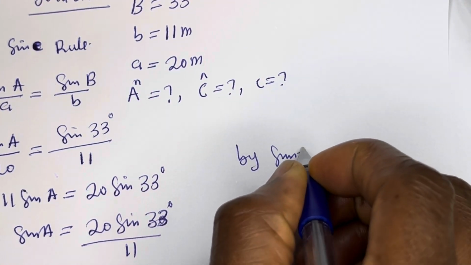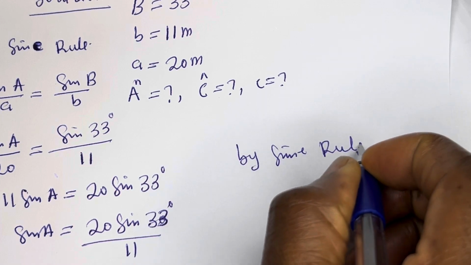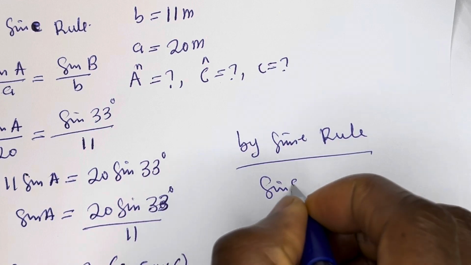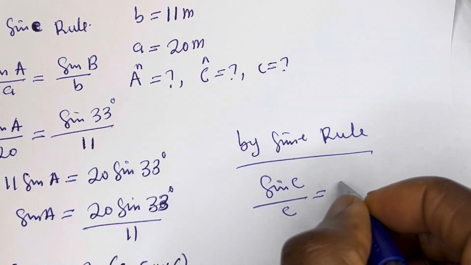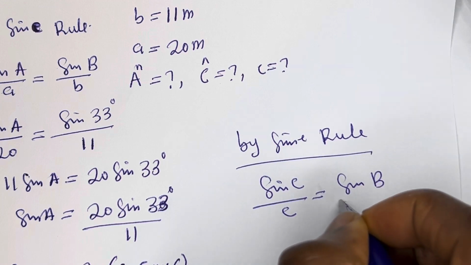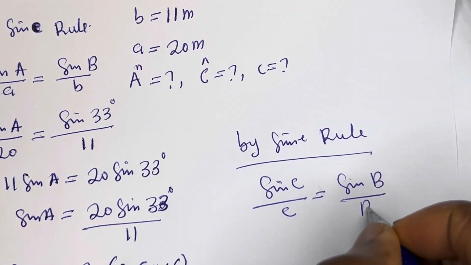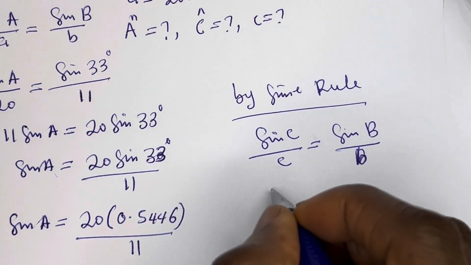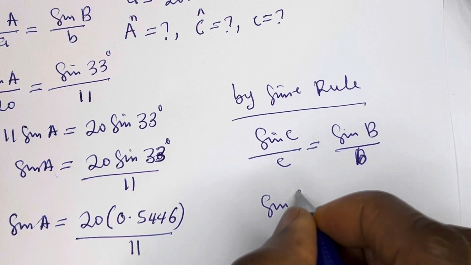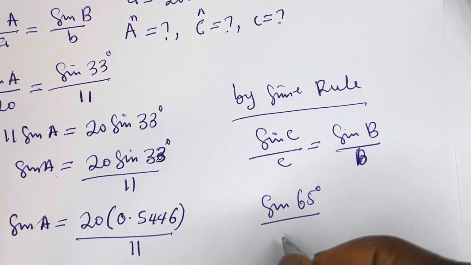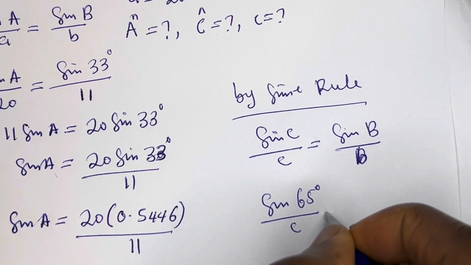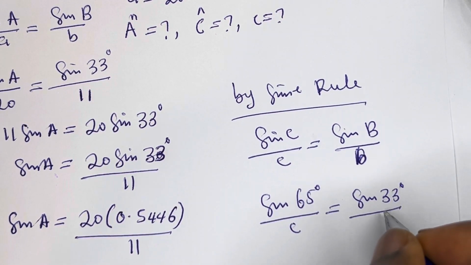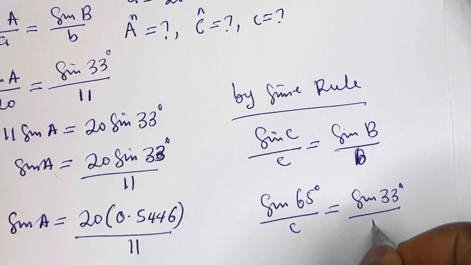By sine rule, we have sine C over C will be equal to sine B over B. Then here we have sine C is 65 degrees over C, which is unknown, is equal to sine B is 33 degrees over B is 11.